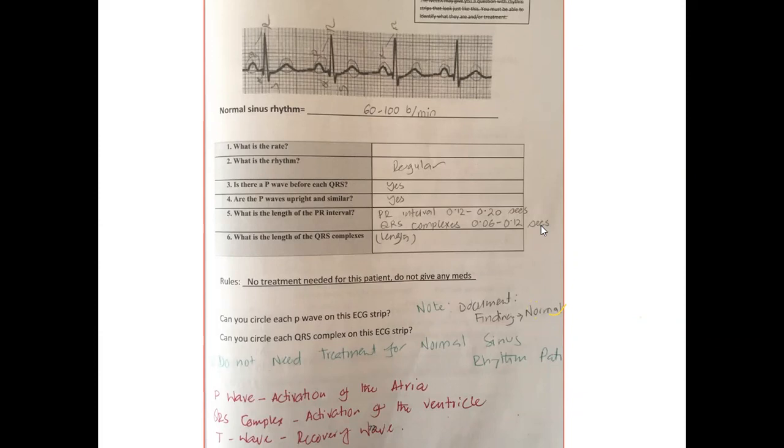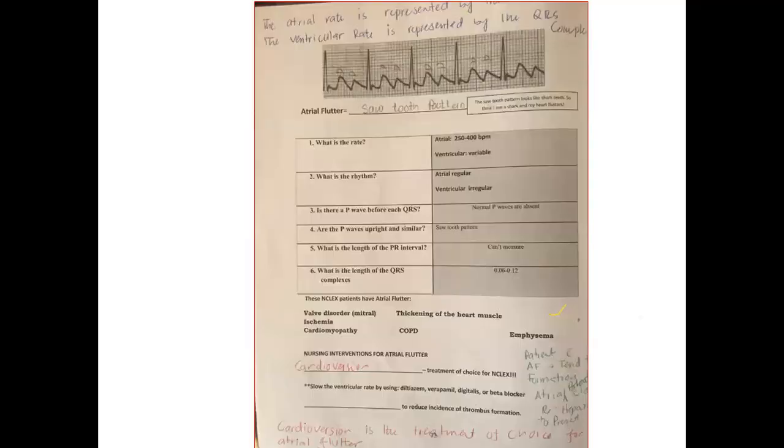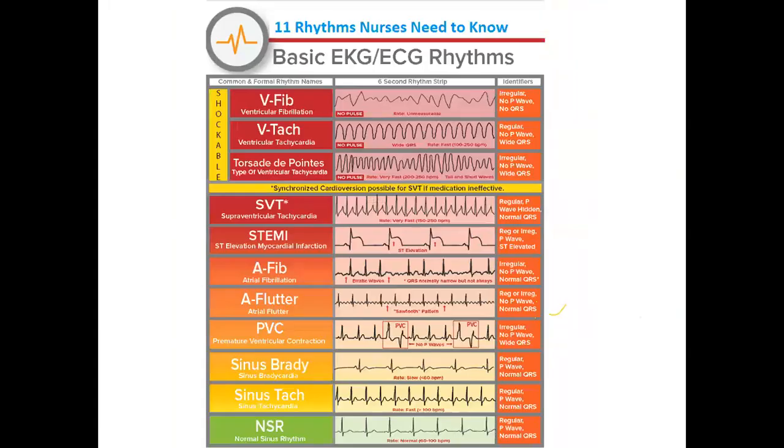So in the next picture here, you can see it is called atrial fibrillation, right? Normally every student knows the heart rate is 60 to 100 beats.